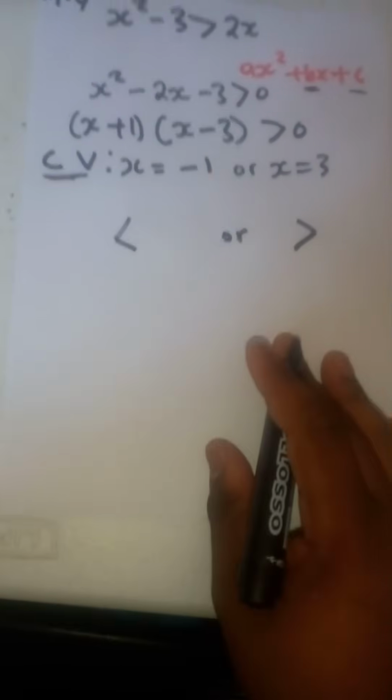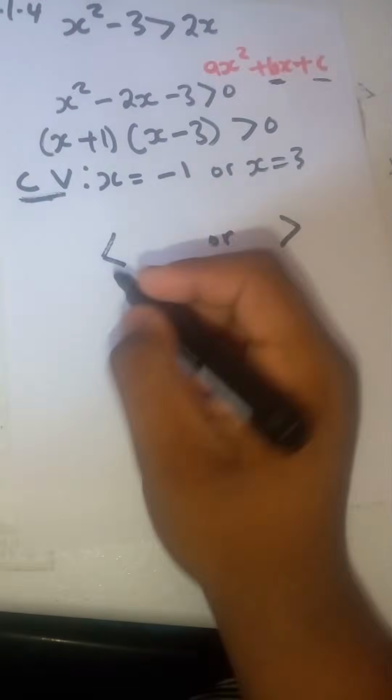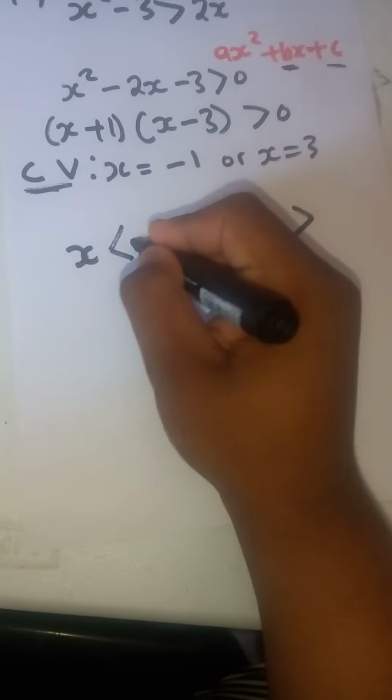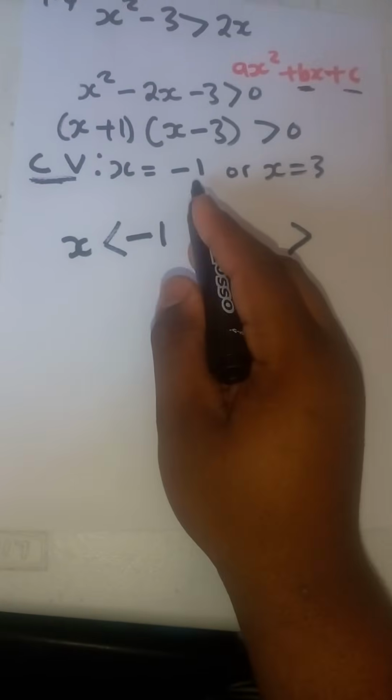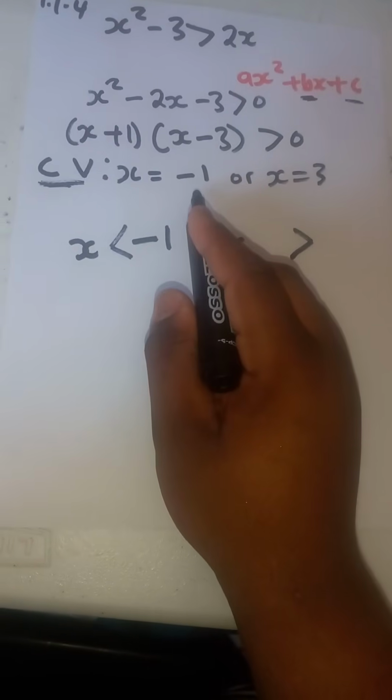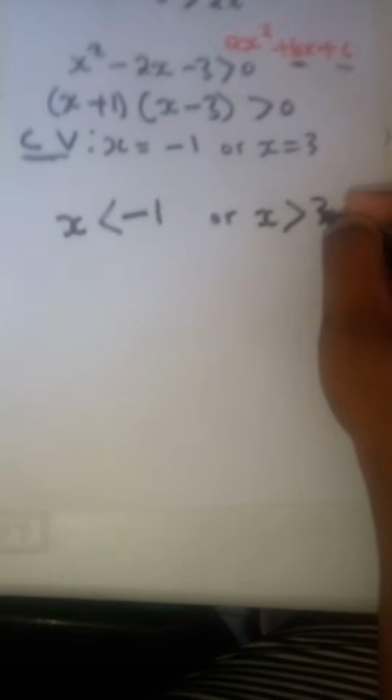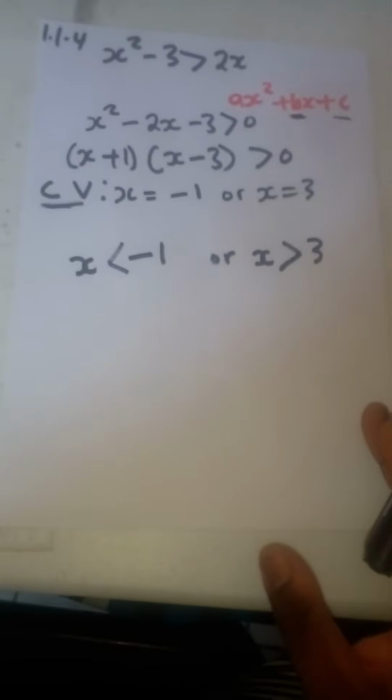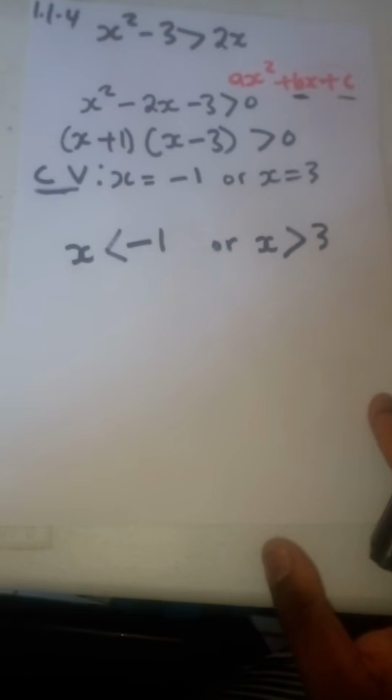In this case, I simply have x less than negative 1, because this is a negative value, or x greater than 3, because 3 is a positive value. Then in this case you have 2 marks. It is 1, 2, 3, 4. You have your answers there. Is it fine, guys? Please don't make a mistake.